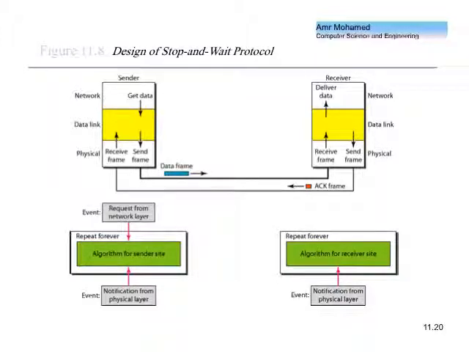So what the stop and wait protocol does is that it sends one frame and waits. Wait for what? Wait for an acknowledgement. Remember that acknowledgement here is not for error correction. Acknowledgement here is for flow control. It is to tell me, okay, I consumed the first frame, send me another one.